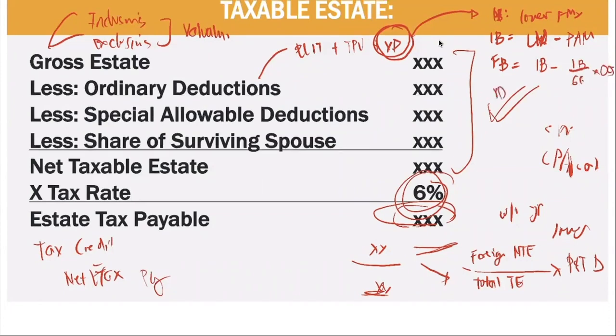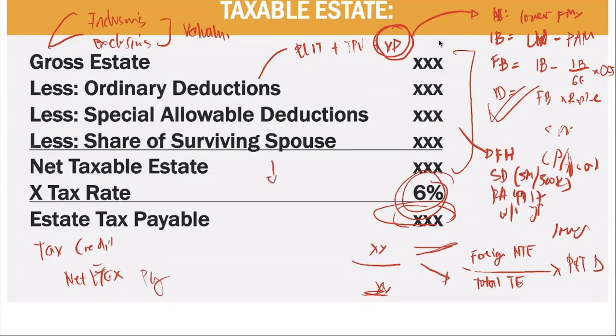And then we compute your vanishing deduction: final basis multiplied by your rate. This happens only if there is a transfer within 5 years from a previous decedent or a donation to a subsequent decedent. Then we have your special allowable deductions such as your family home, the standard deduction, whether 5 million or 500,000, and then we have your RA 4917.